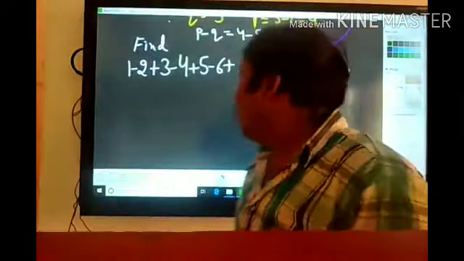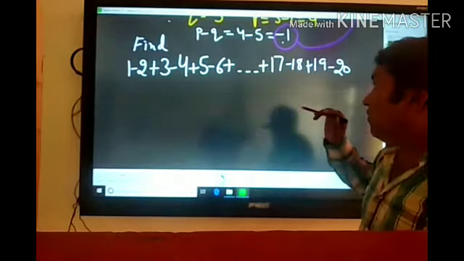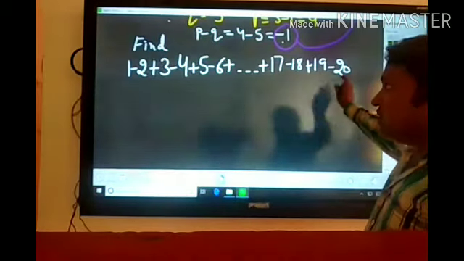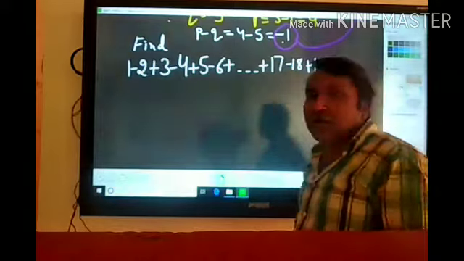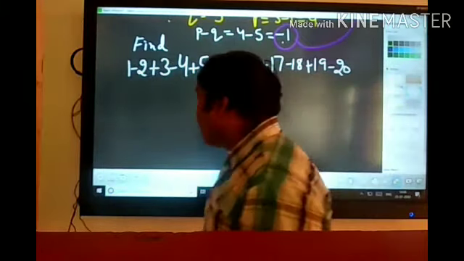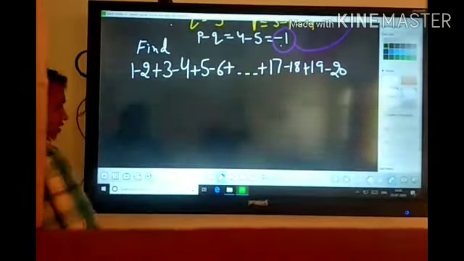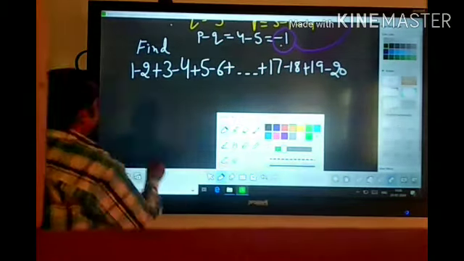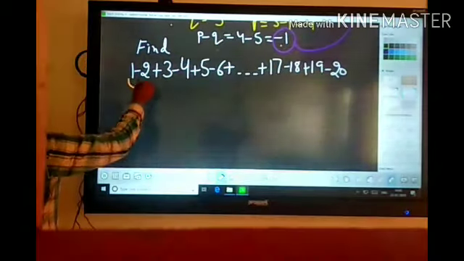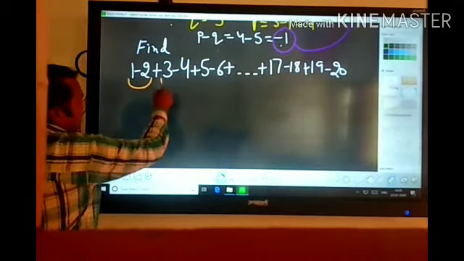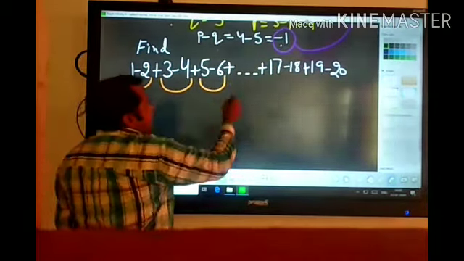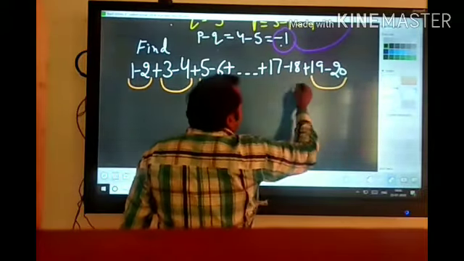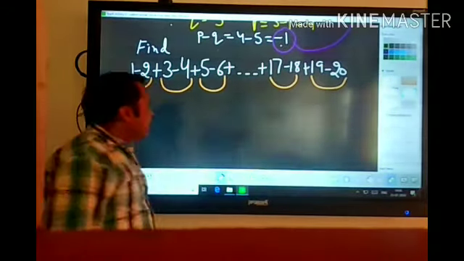The first one is positive and the second one is negative, so firstly we should try to make them in pairs: the first two, then the second two, the third two, and so on until the last two.